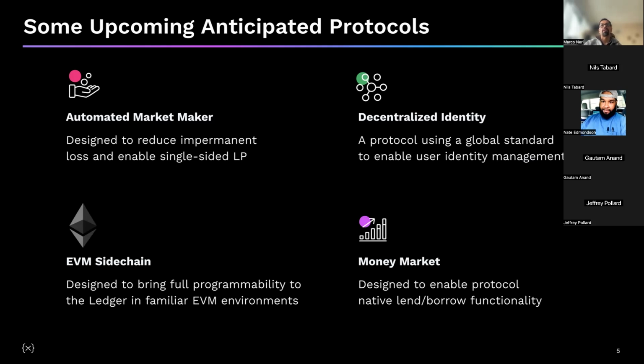So money markets, which we're going to be briefly talking about, are also one of the things that are in discussion, and it's probably going to be available in the future, depending on the community of users and validator nodes, which are the ones responsible for voting on these amendments.